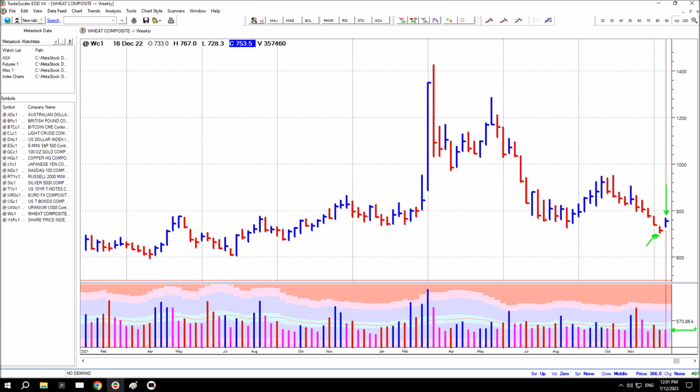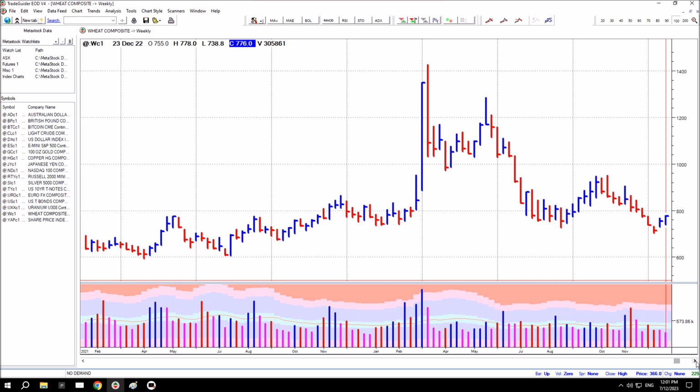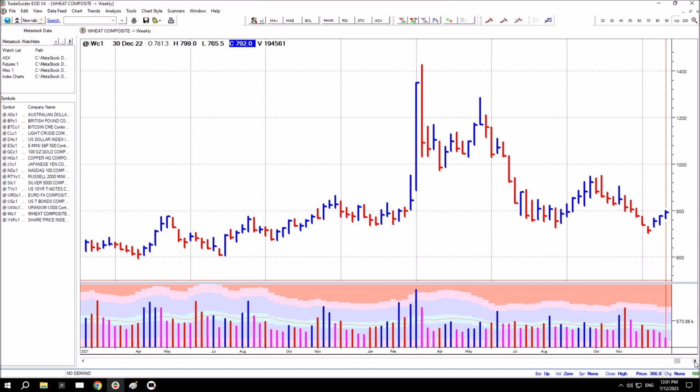Volume was still below average, so it wasn't a strong buying period, and the spread was relatively narrow compared to the average spread right across the whole chart. Another narrow spread up bar on low volume.